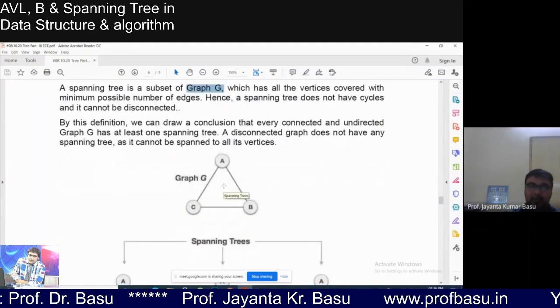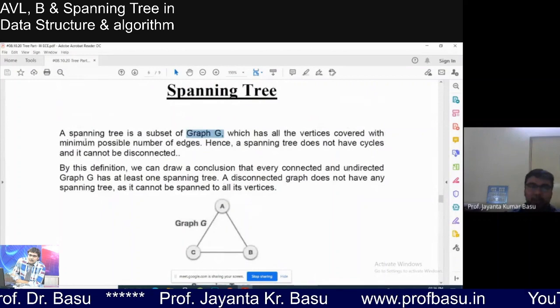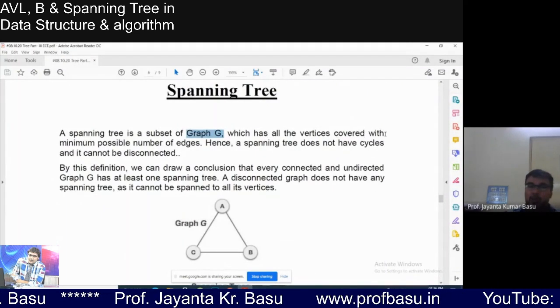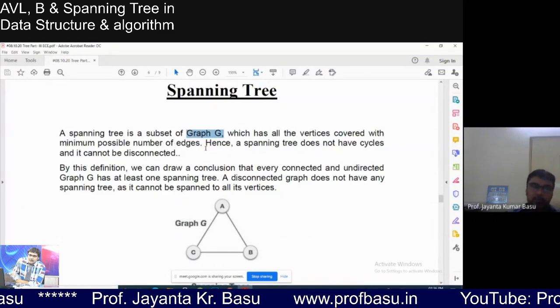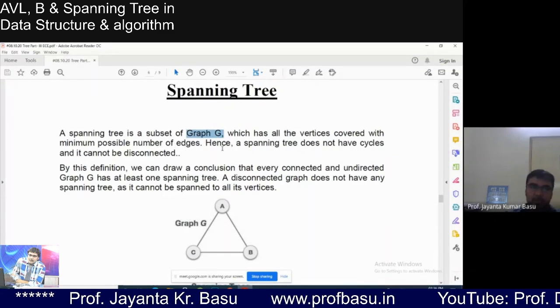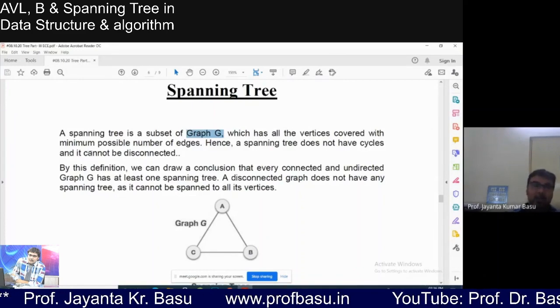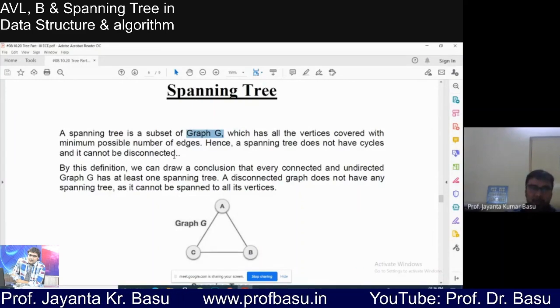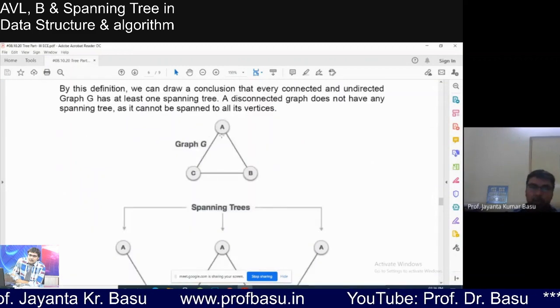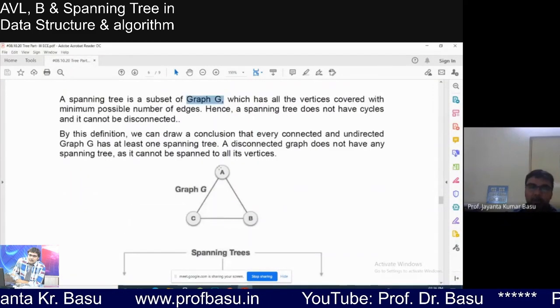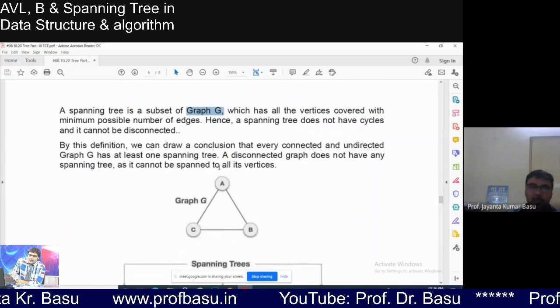But a spanning tree is a subset of graph G which has all the vertices covered with the minimum possible number of edges. Hence, a spanning tree does not have a cycle and it cannot be disconnected. Means all the nodes will be connected, but it will not be a closed one.